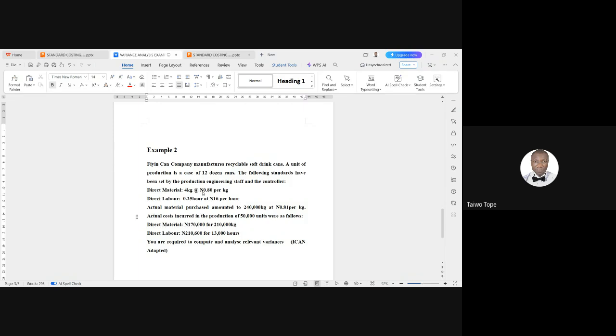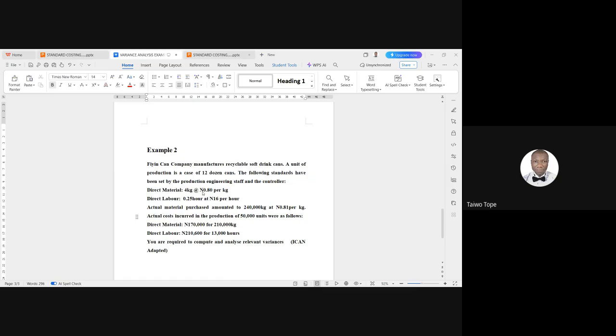Actual costs incurred in the production of 50,000 units were as follows. Direct material, we incurred 170,000 naira to purchase 210,000 kg.